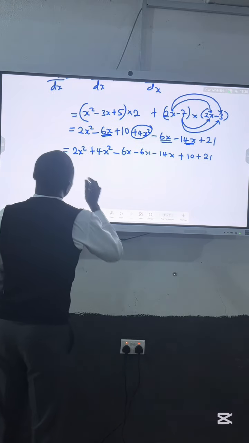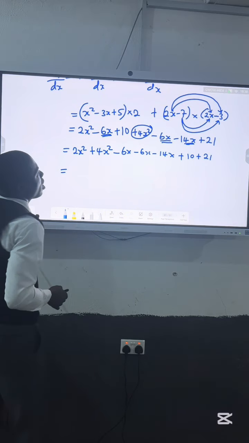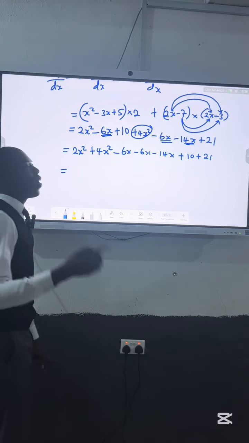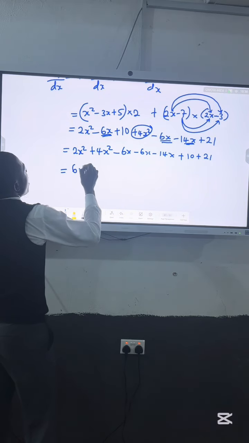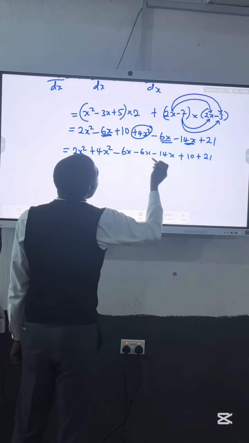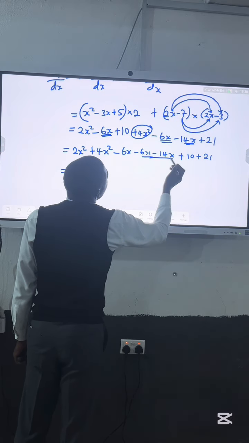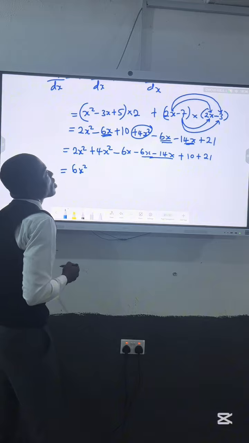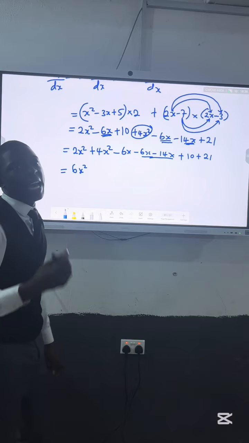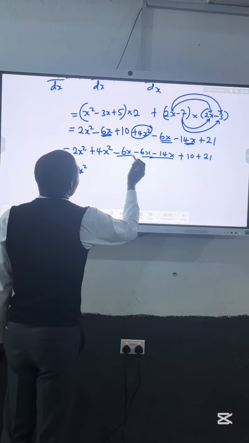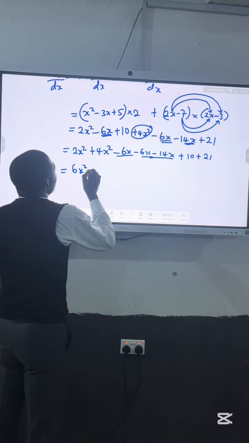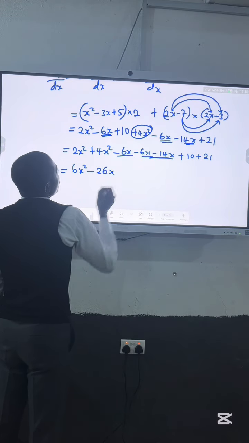Alright, so let's go. These two are alike. So 2x squared plus 4x squared will give you 6x squared. Now move on. Negative 6x, negative 14x will give you negative 20x. Now, negative another 6x will give you negative 26x.